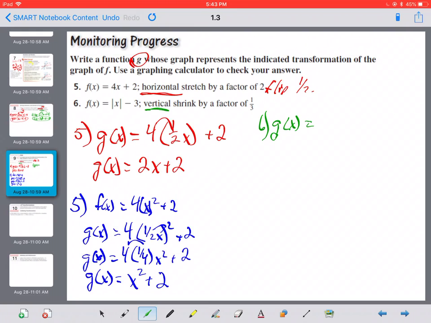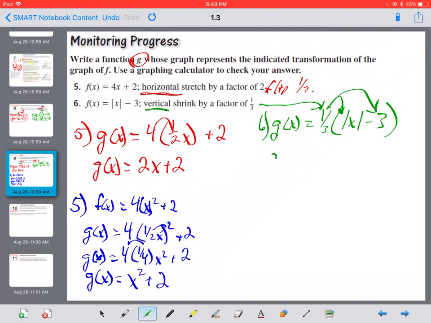For number 6, g of x equals something times the absolute value of x minus 3. And we're going to do that 1/3 times the whole problem, because it's a y. It's not in with the x, you silly teacher. It is a whole problem thing. We're going to take this whole thing, the absolute value of x minus 3, which gives us a y, and we're going to multiply it by 1/3.